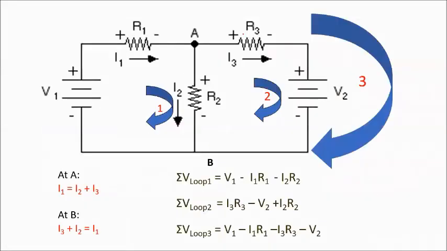So we have here an example. We cannot solve this one using series or parallel formula. But this can be solved through the Kirchoff's rules. Now, what we have to do first is to identify ano ba ang unknown dito.